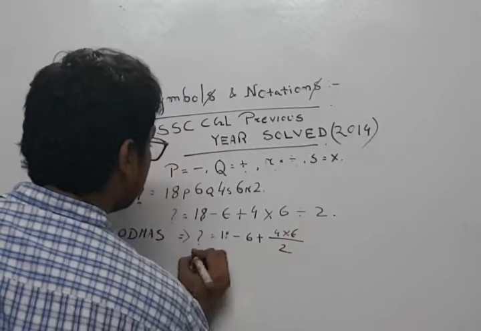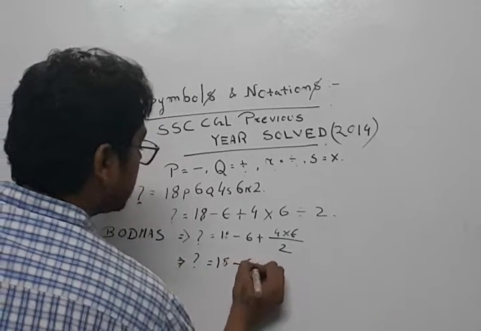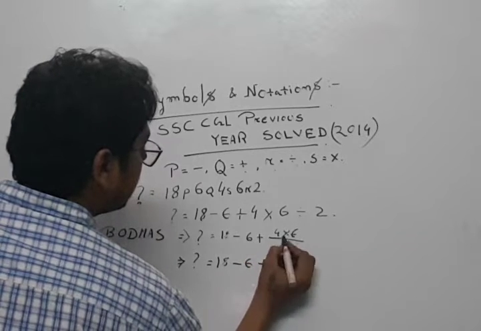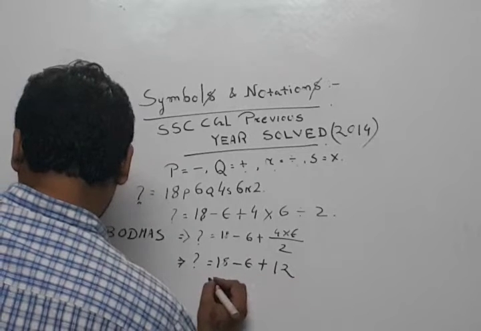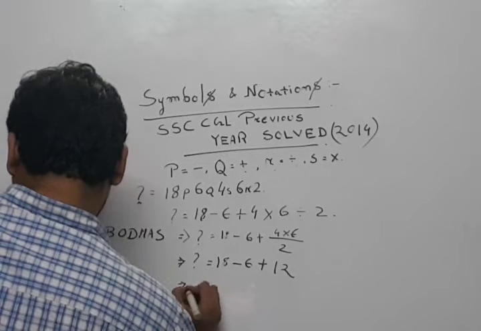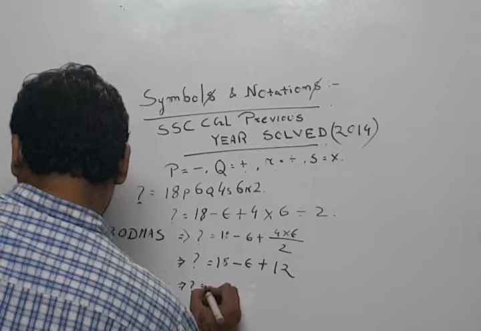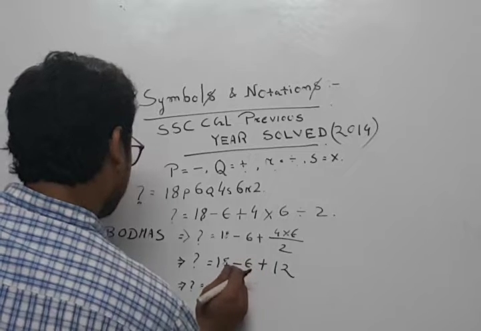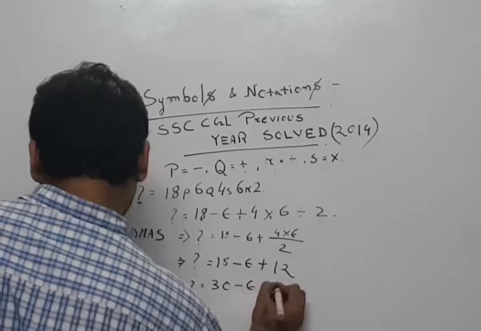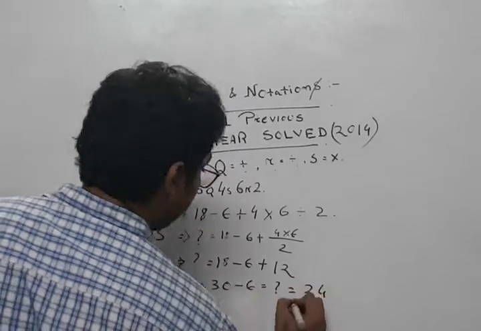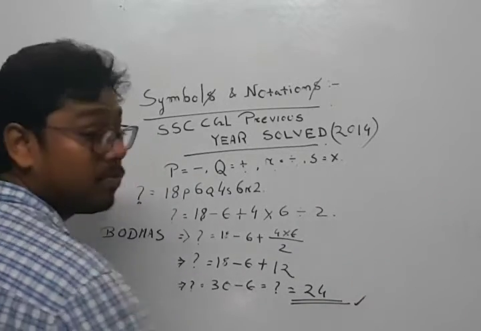We can write 18 minus 6 plus 12. Now minus going to plus, we can write 30 minus 6, that means 24. So according to the BODMAS rule, the right answer is 24.